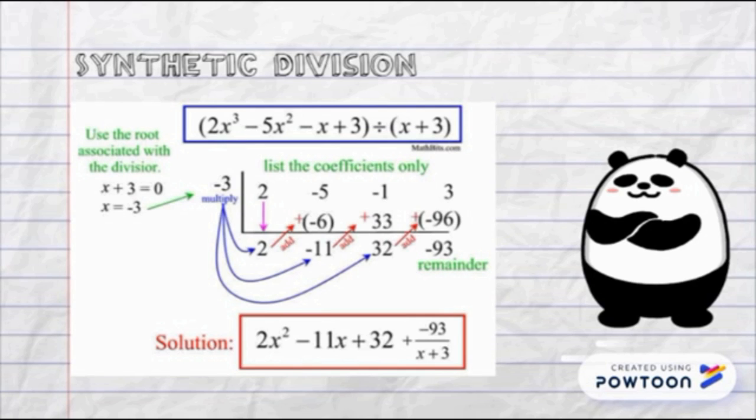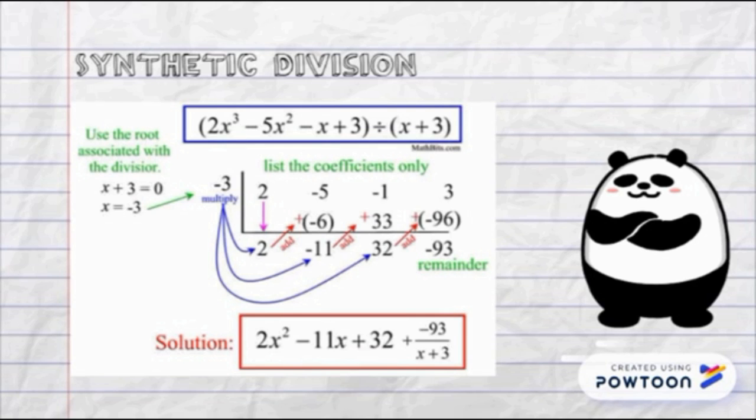Which numbers? The negative 3 and that 2. So 3 times 2, it's negative 6 because we have the negative 3. Then we're gonna add which numbers? Well, we're gonna add negative 5 plus minus 6. That will give us negative 11.